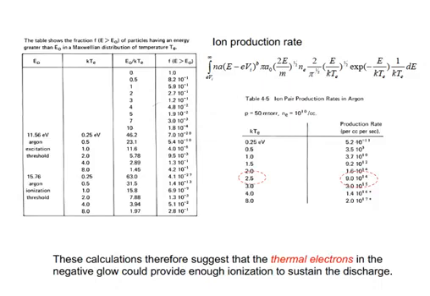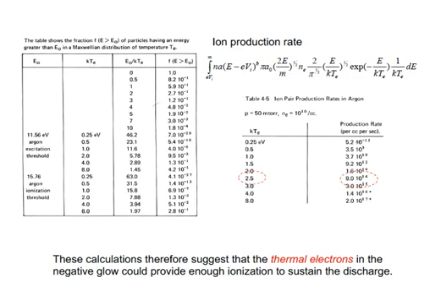At this condition, the ratio of the high energy tail is 1.3 times 10 to the minus 1. So it means for a plasma with an electron energy of 4 electron volts, about 13% of the electrons can excite argon.